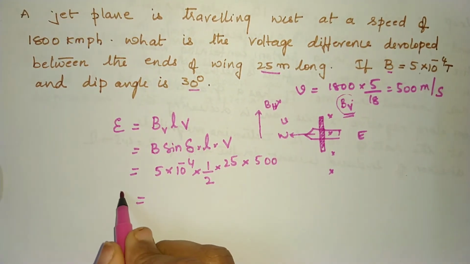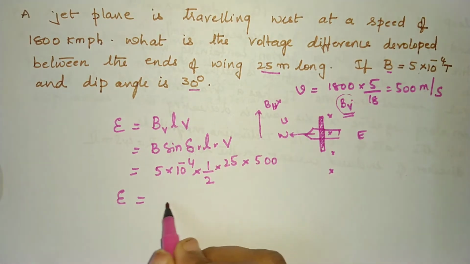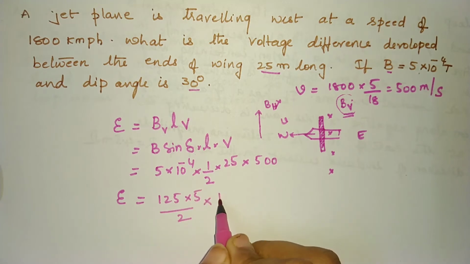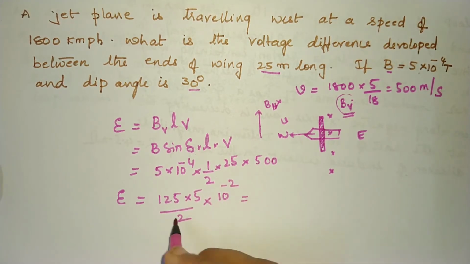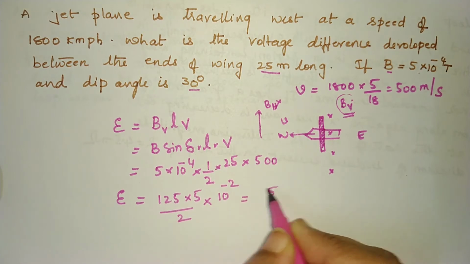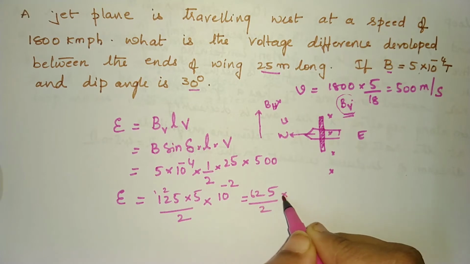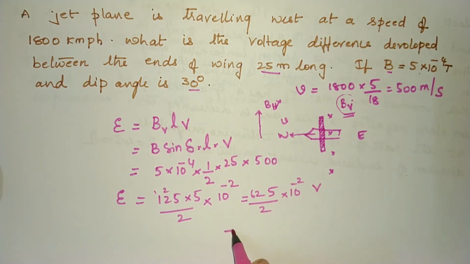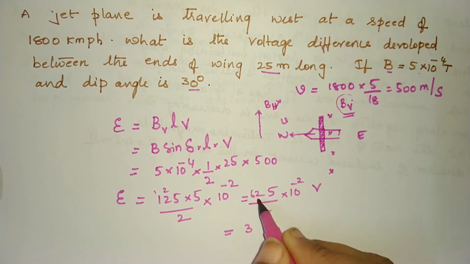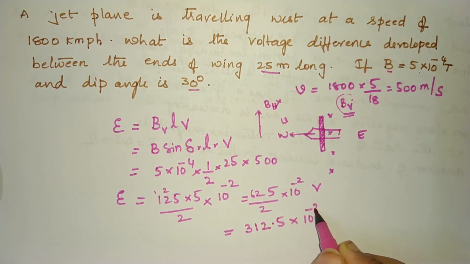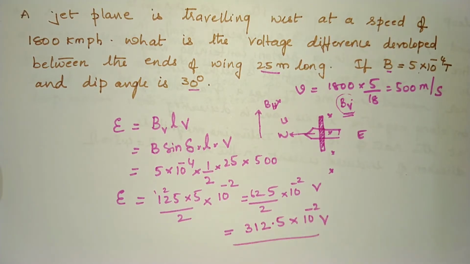What will your induced EMF come out to be? 25 into 5 is 125 into 5 by 2 into 10 to the power minus 2, that is 625 by 2 into 10 to the power minus 2 volts, or on further simplification 312.5 into 10 to the power minus 2 volts. So this will give you the induced EMF.